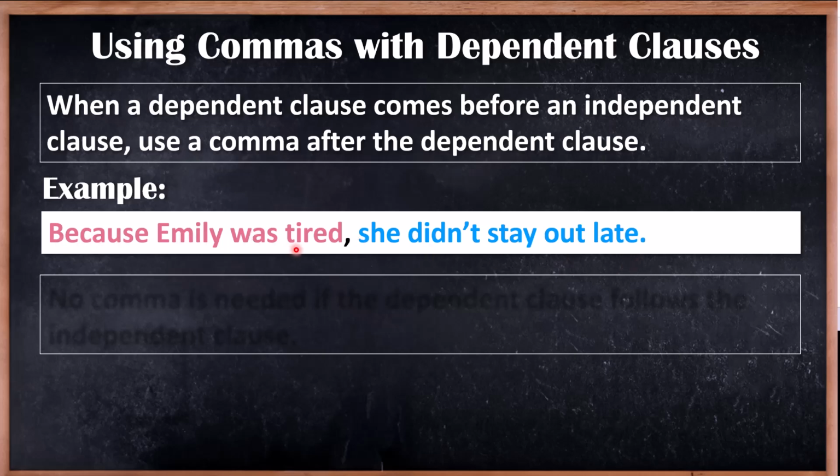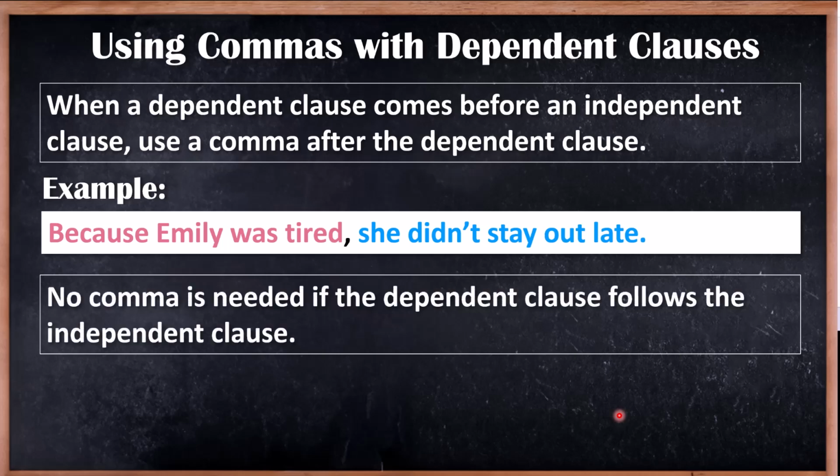Because Emily was tired is a dependent clause. It cannot stand alone as it is. However, she didn't stay out late is an independent clause, and it can stand alone. So when the dependent clause comes first, we use a comma after it, before the independent clause.